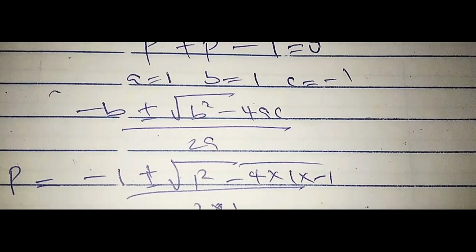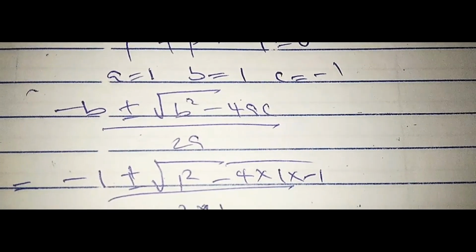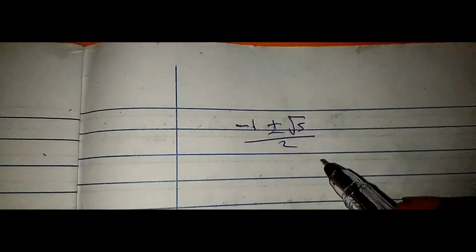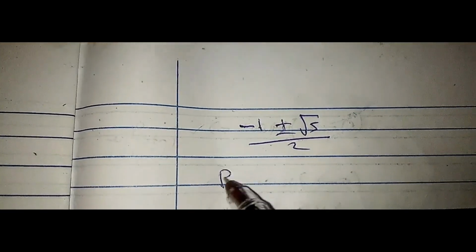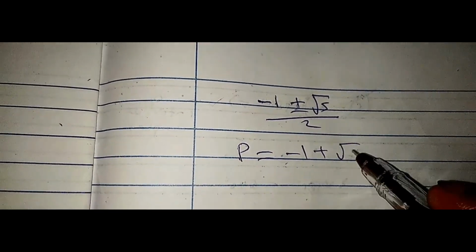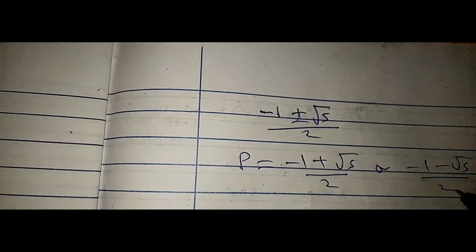This gives us minus 1 plus or minus square root of 1 plus 4, all over 2, which is minus 1 plus or minus root 5 all over 2. So p is equal to minus 1 plus root 5 all over 2, or minus 1 minus root 5 all over 2.